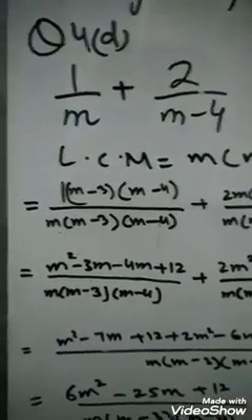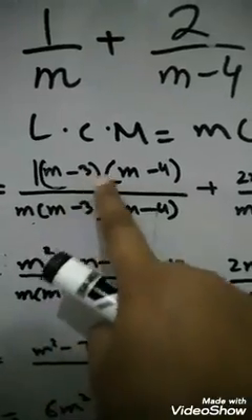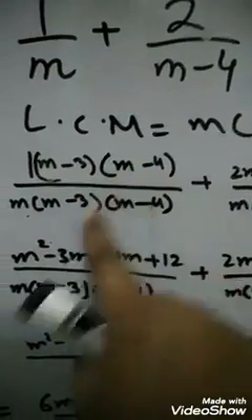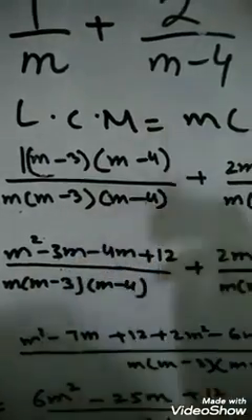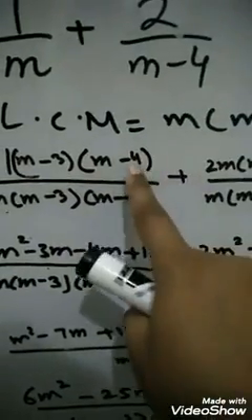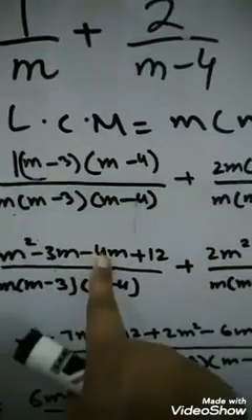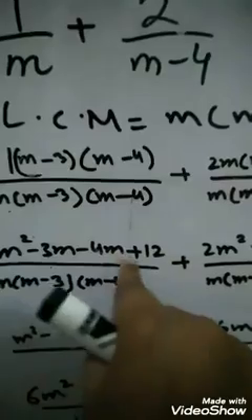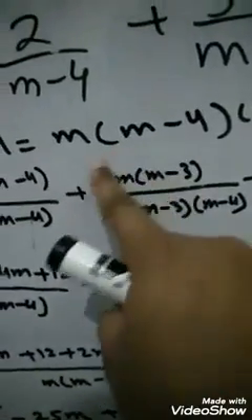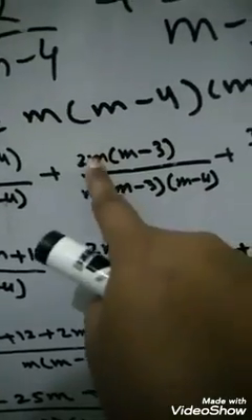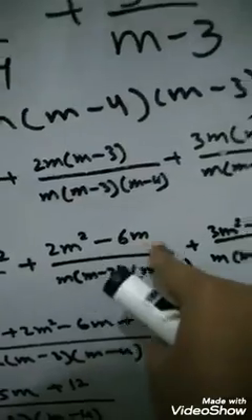Okay students, now we will solve it. M into m square, minus 3m into m, minus 3m. Next, minus 4 into m, minus 4m, and minus times minus 4 times 3 is plus 12. Now 2m square, 2 into 3, 2 threes are 6m, minus 6m.